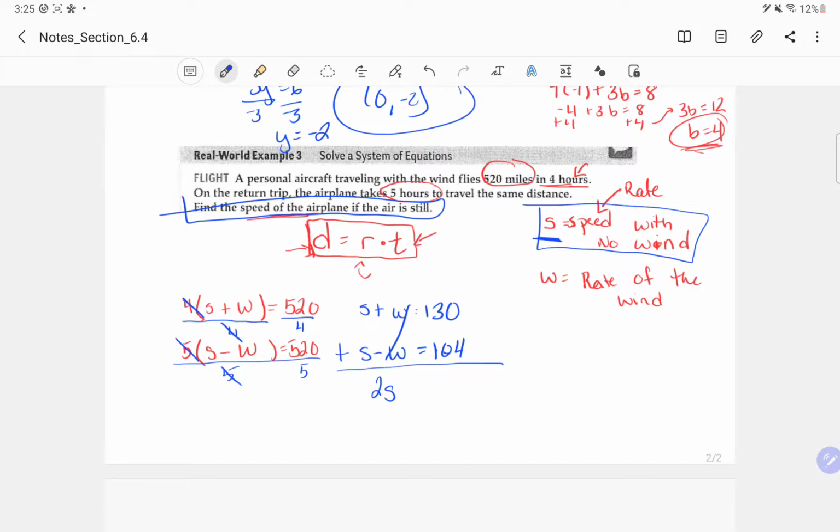Okay, and then I'm going to take 130 and add 104. And that's going to become 234. And then you're going to divide both sides by 2, and you're going to get the speed of your airplane with no wind is 117 miles per hour.